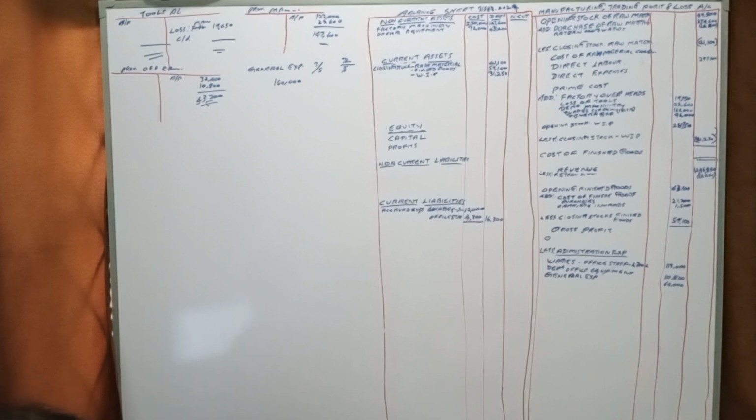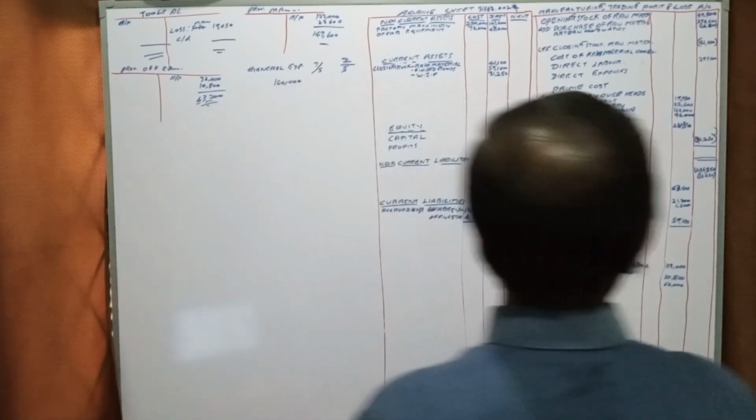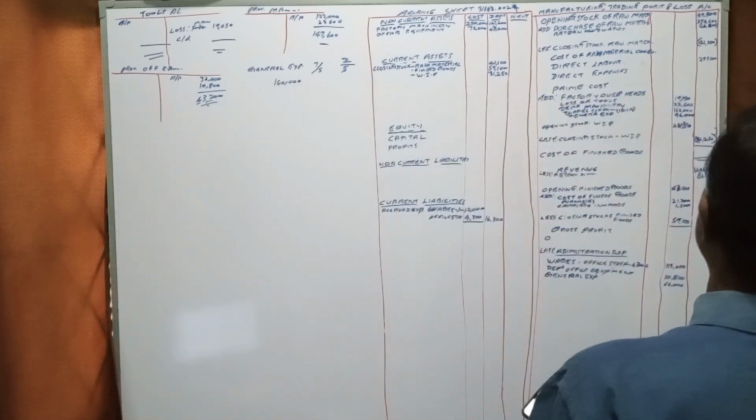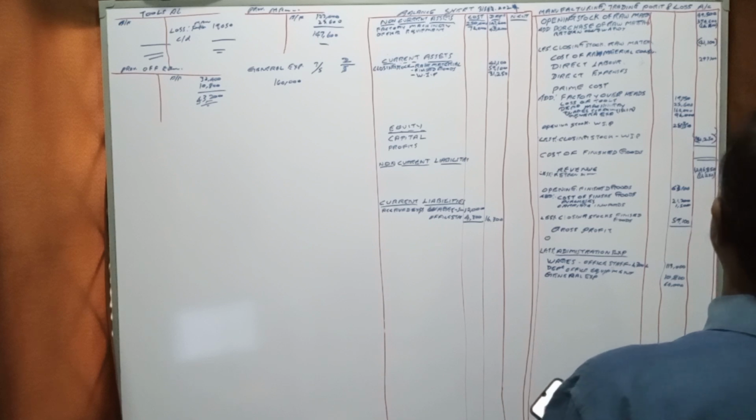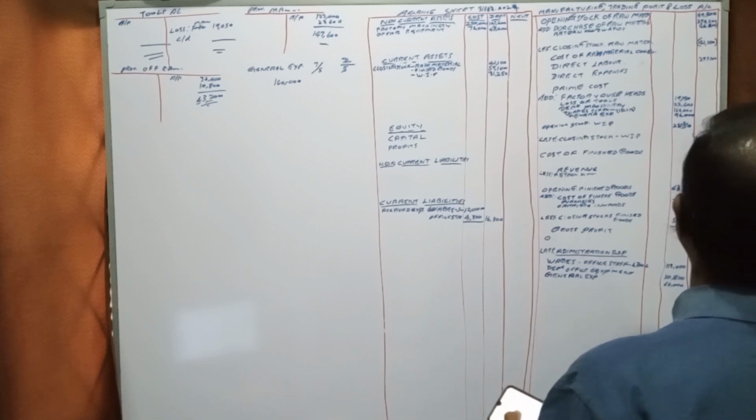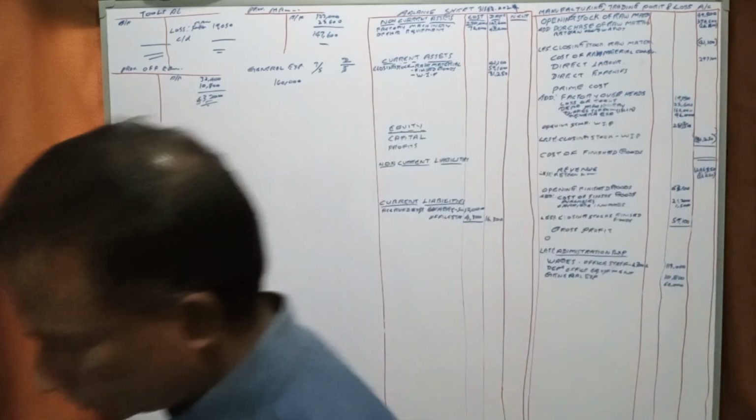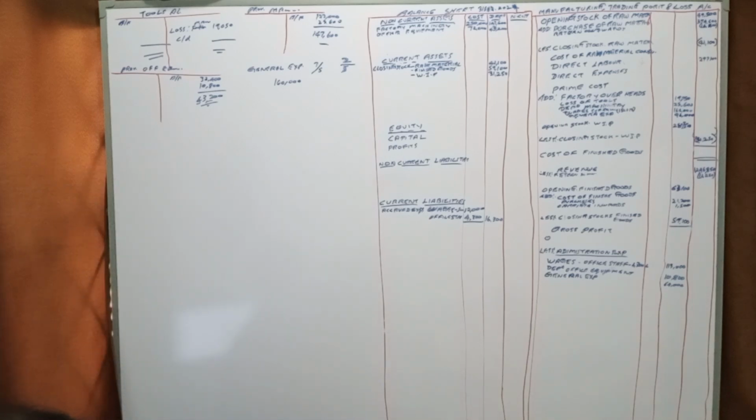Factory machinery at cost. This is premises cost. Premises cost 366. Factory machinery at cost, okay.